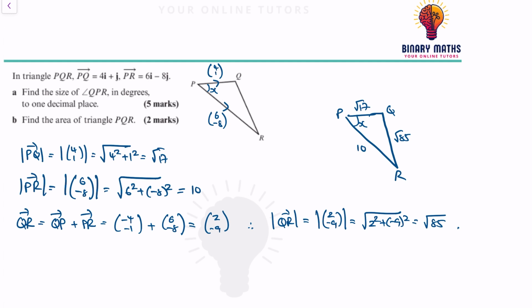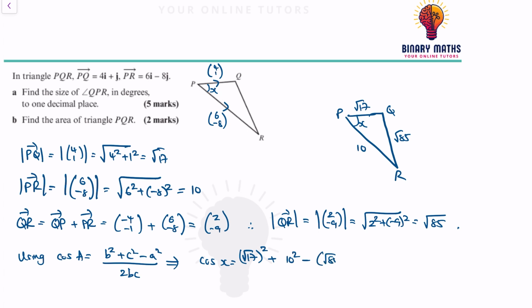So I can use the cosine rule. Using cosine A is equal to b squared plus c squared minus a squared over 2bc, I get cosine of x is equal to root 17 squared plus 10 squared minus root 85 squared, all over 2 times root 17 times 10.